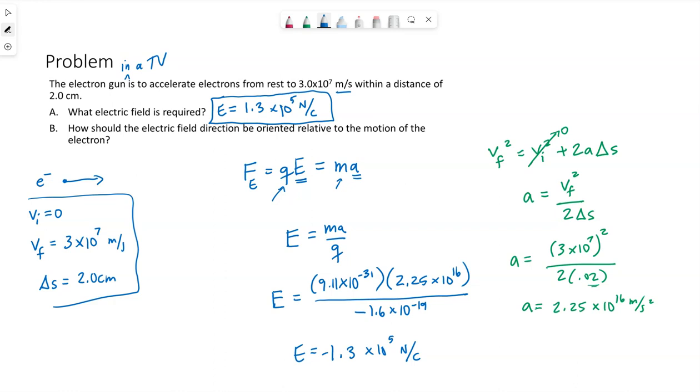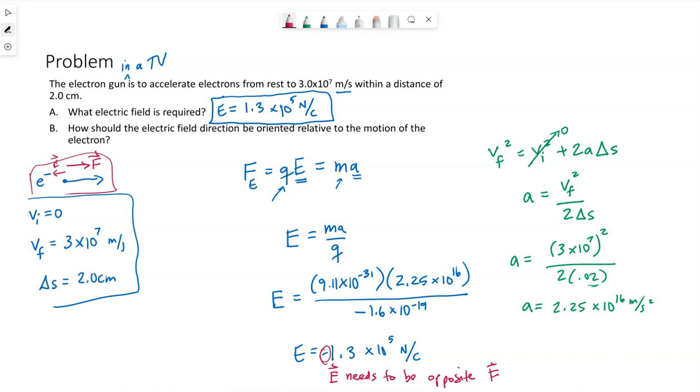What the negative sign has to do with is that the electric field needs to be opposite the force. So in my picture, the force is what's causing these electrons to move to the right. The negative in my answer is telling me that the electric field then has to point to the left.